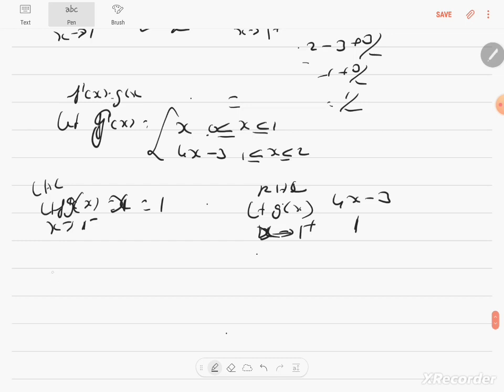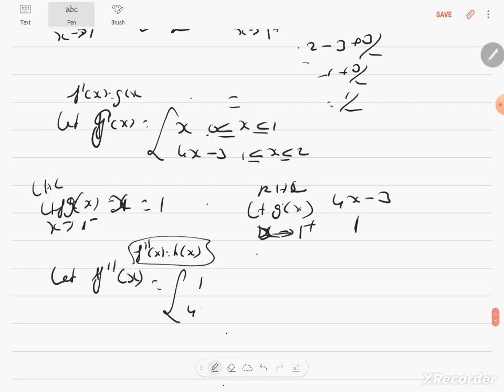Let's now redefine f double dash of x. Let f double dash of x be called h of x, which can be written as 1 when x is lying between 0 and 1, and 4 when x is lying between 1 and 2, by differentiating this.